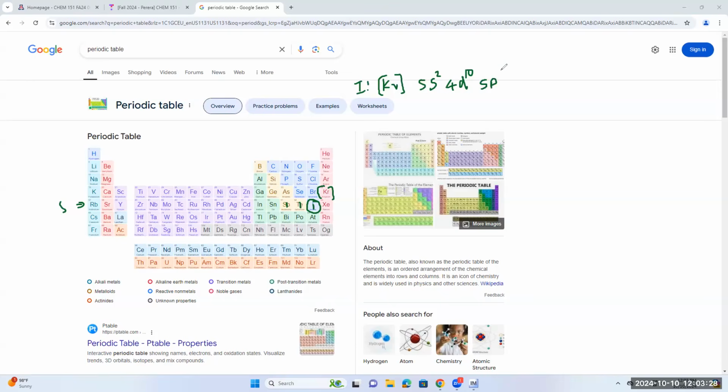Therefore, I'm going to write 5p5. So if I rewrite this for iodine, I'm going to have krypton core shell, and then I'm going to add 4d10 to that. This is going to be inert now. And then in the outermost shell or the valence shell, we have 5s2 and 5p5. Is that what you're asking, Jack? Yeah. It's the same thing over and over. It just continues on.